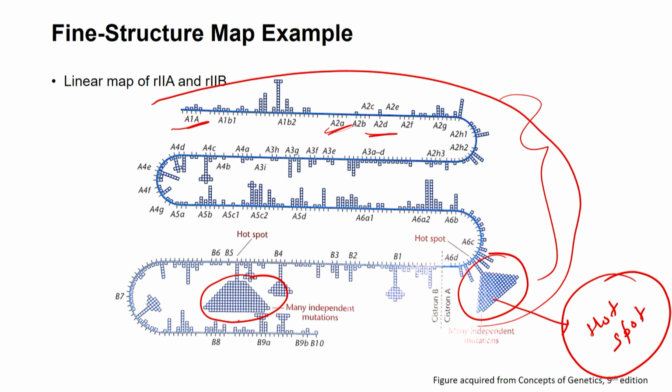So, with that I stop here, and this class helped you understand how we can understand the structure of the gene. Benzer's recombination frequency was as low as 0.02, which means almost 2 or 3 base pairs, he reached close to that.